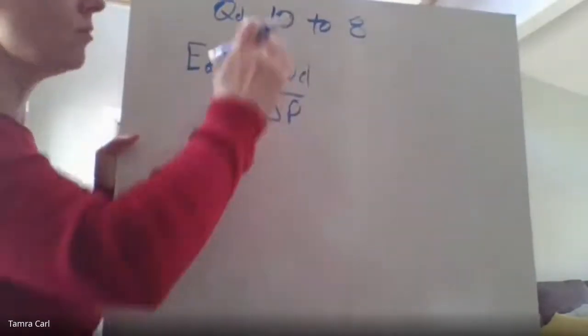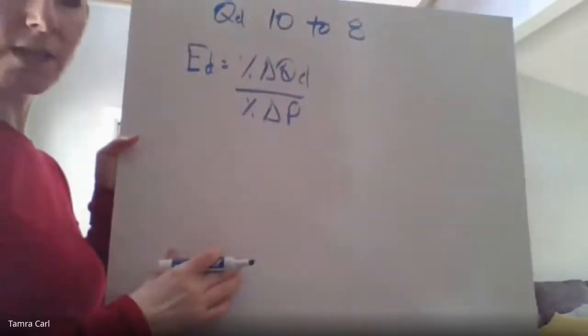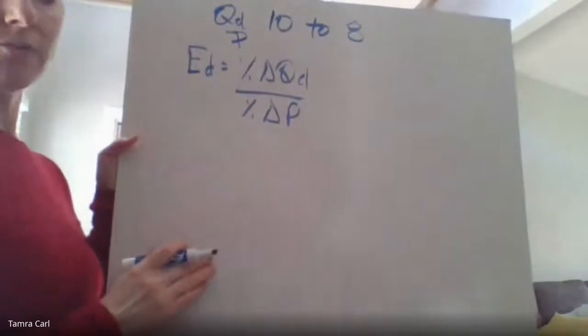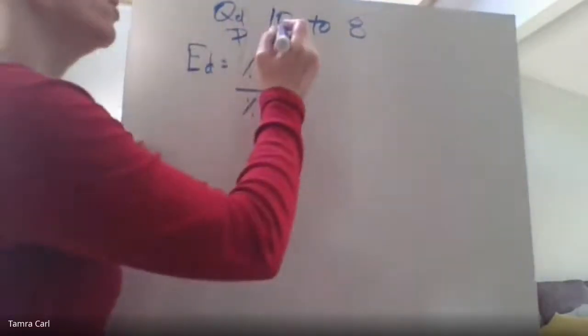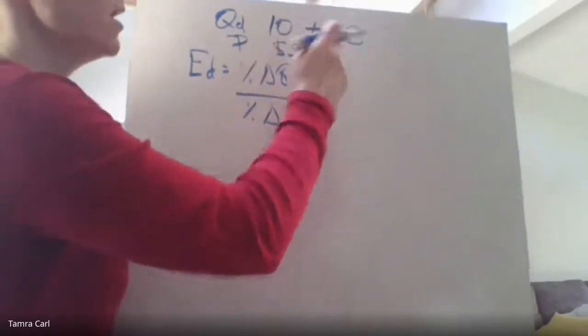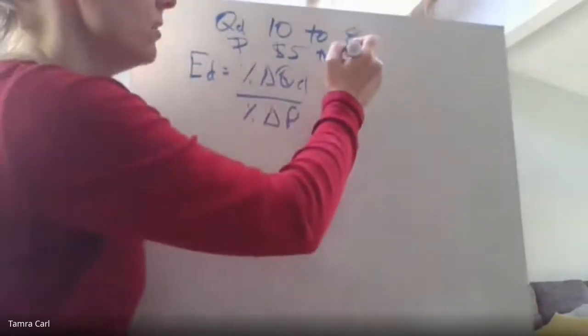Now, the quantity has gone down, so the price has to go up. The price, they might say, went from $5 up to $6.